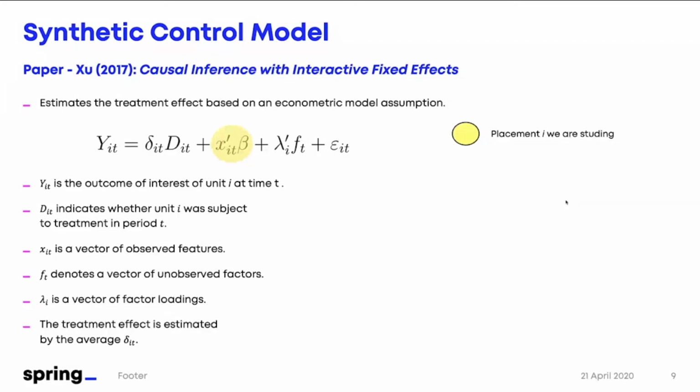So X is a vector of observed features, which basically means that we're going to study the bidder behavior on this very same placement before the start of the experiment. So trying to understand how bidders used to bid on this very same position, at this very same placement, during past days before the start of the experiment.